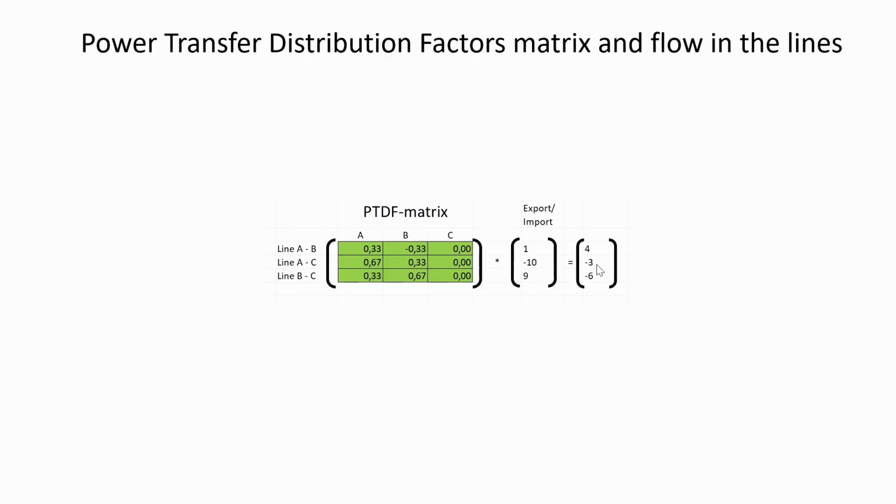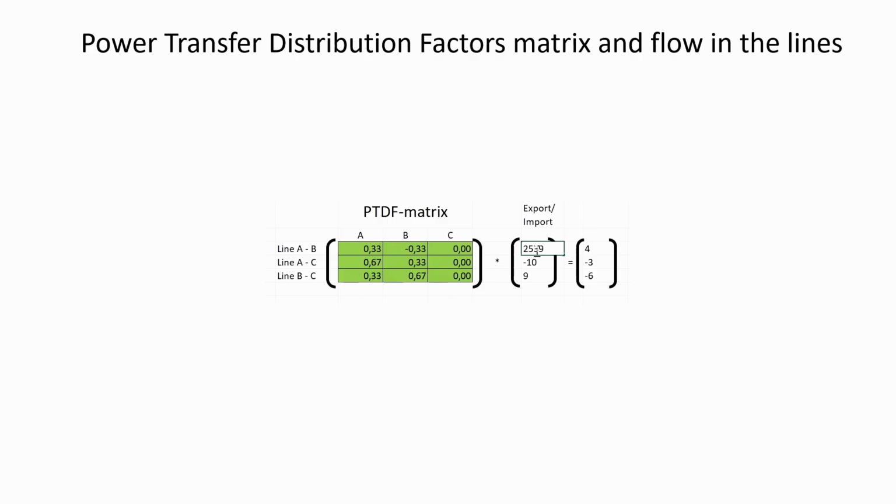The flow from C to A will be 3, and together with the one that is produced in A, there will be a flow of 4 from A to B, and the flow from C to B will be 6.